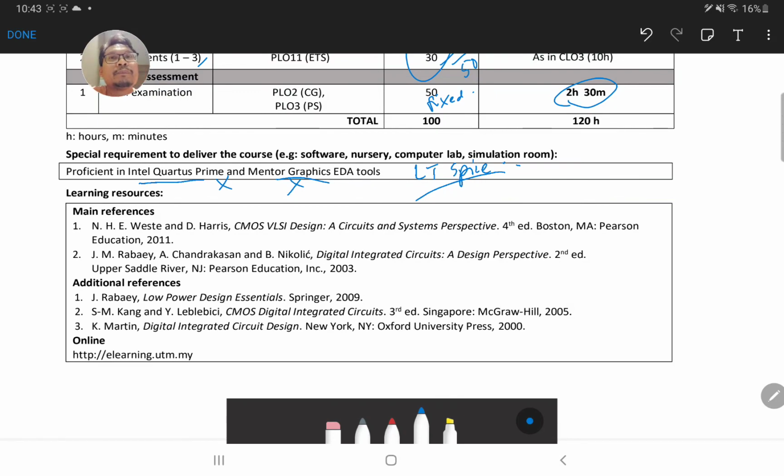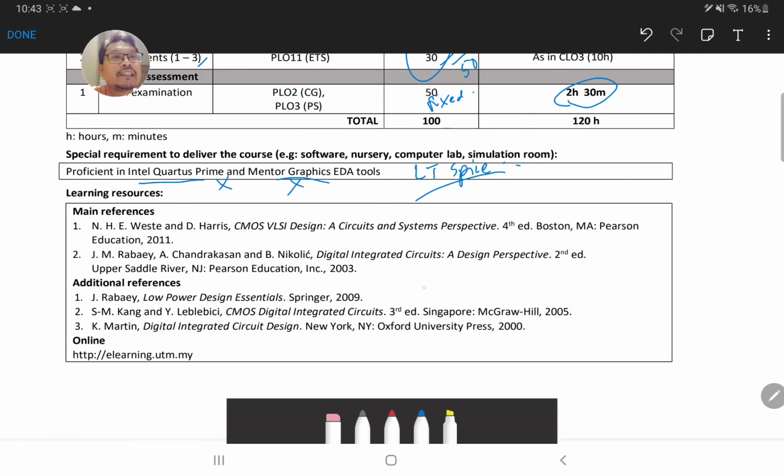I mean, we're trying to use EDA tools, maybe Mentor Graphics, if you can have access remotely from your place. But we have limited license, and I'm not sure how we are going to use the tools with 20 plus of you in this class. So we'll see about that. I think it's very important for the students to be able to know how to use the tools. But we'll see as the semester progresses.